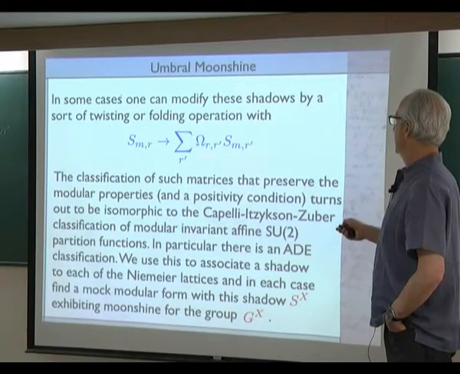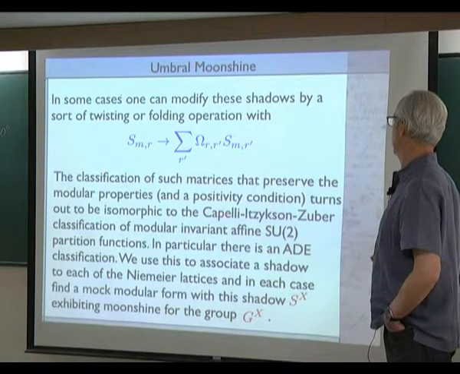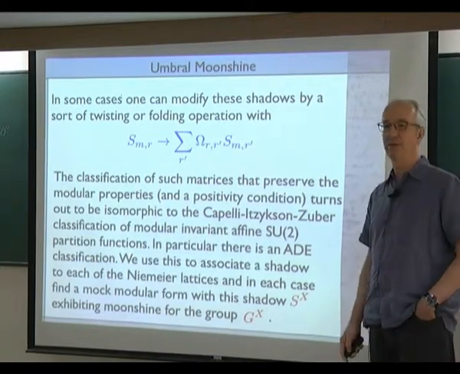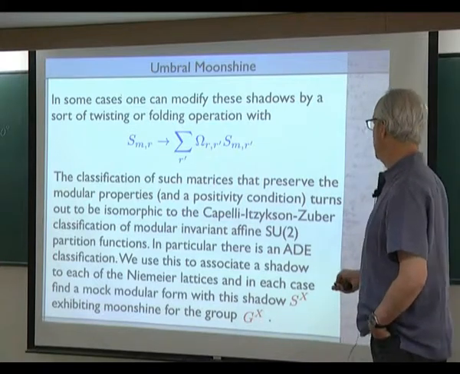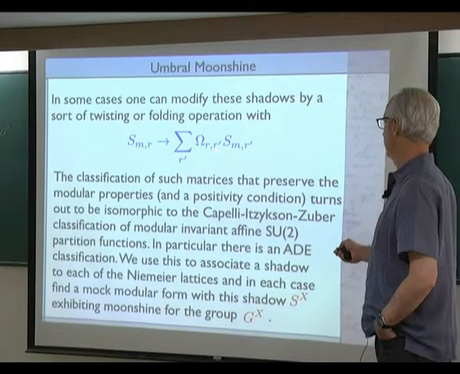The mathematical classification of these matrices is exactly what was done in the famous paper by Cappelli, Itzykson, and Zuber, where they classified modular invariant affine SU2 partition functions. And they showed that there is an ADE classification of these matrices.